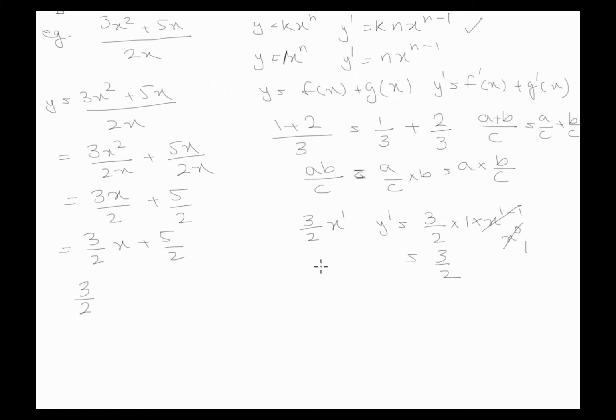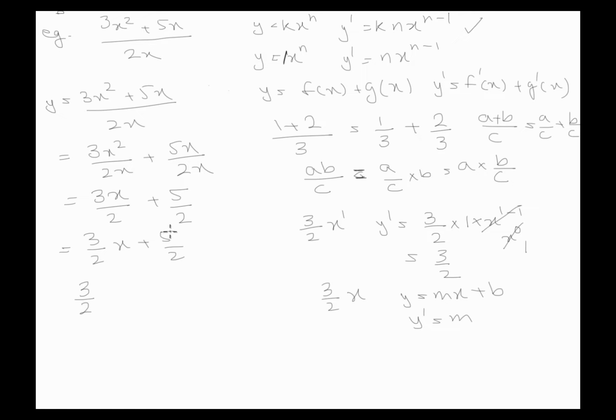The other way, maybe a simpler way, is to just think about (3 over 2)x as a linear equation. And we've seen before that if I have something in terms of mx plus b, which is the equation of a line, its y dash is just this gradient. So this simplifies to 3 over 2.